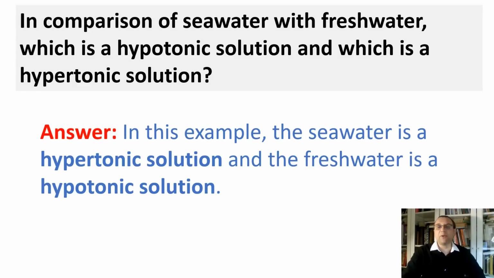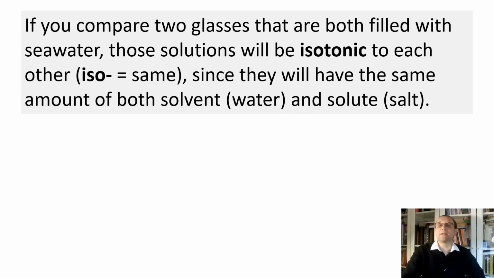In this example, the seawater is a hypertonic solution and the fresh water is a hypotonic solution. This is because seawater has more solute and therefore less solvent, water molecules, compared to the fresh water. If you compare two glasses that are both filled with seawater, those solutions will be isotonic to each other, since they will have the same amount of both solvent and solute.